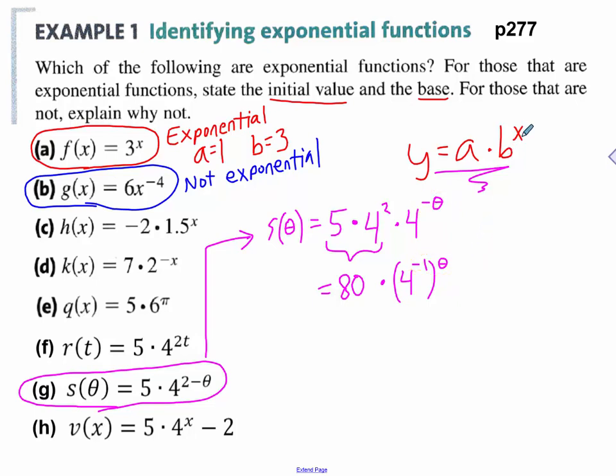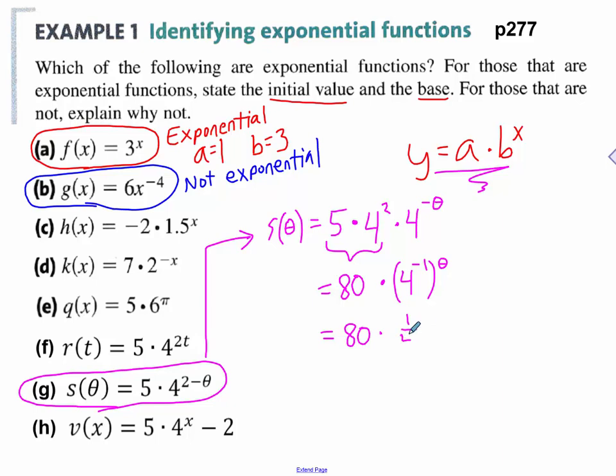I'm doing this because notice our definition of exponential functions requires that you have an x there and only an x, no other clutter up there in the exponent position, no negative signs or coefficients or things being added or subtracted. So I know that 4 to the negative 1 power is 1/4.